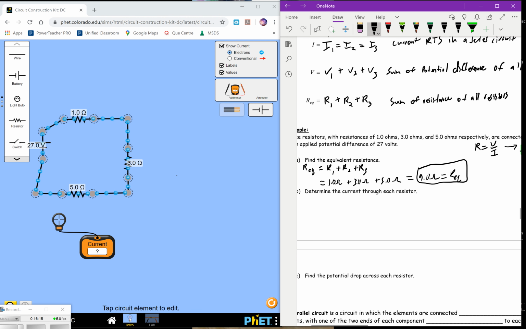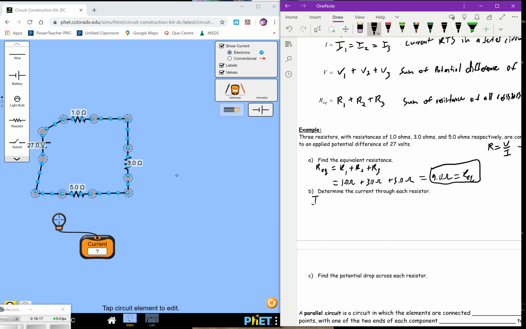We know that the current through each resistor is going to be the same. So let's use Ohm's law to determine what that is. And we'll use the ratio of the voltage supplied by the battery across the resistance.